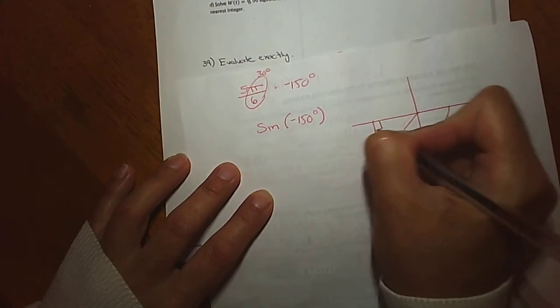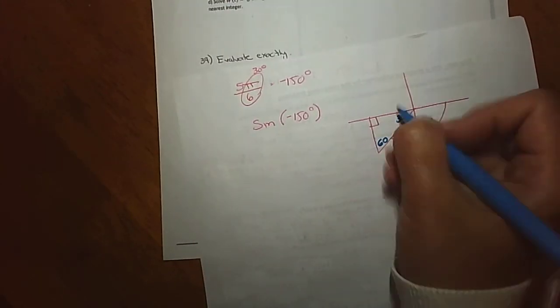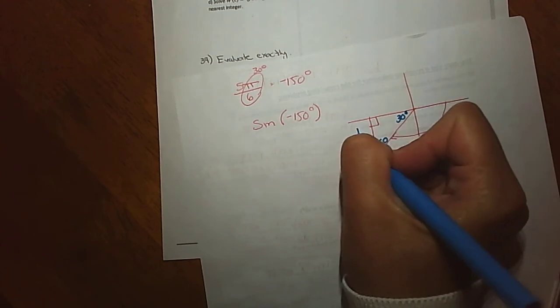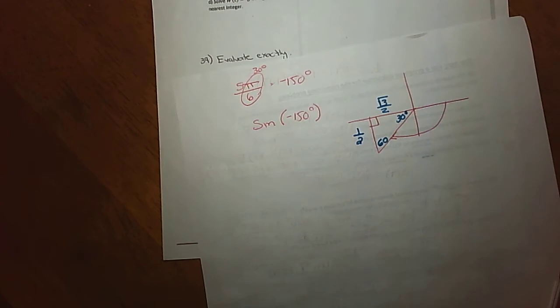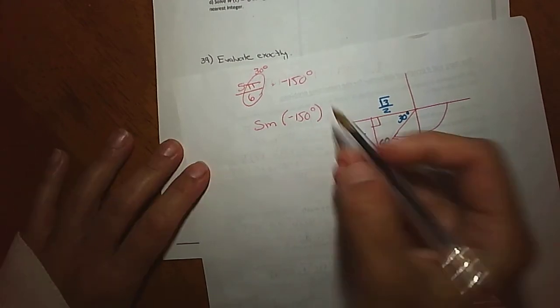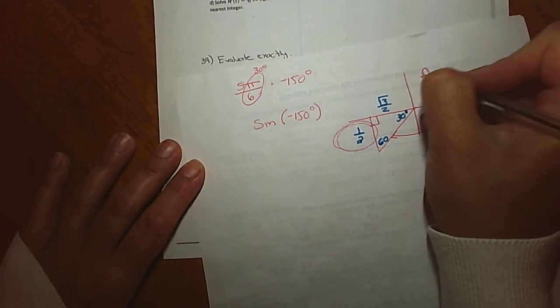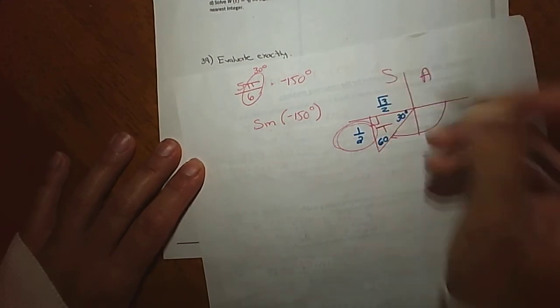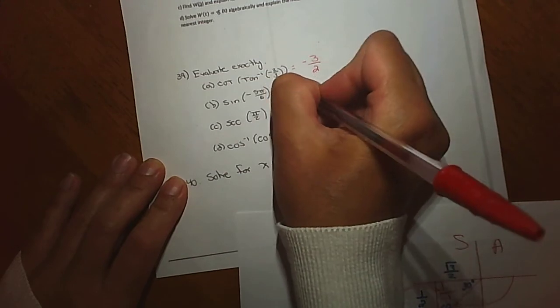Draw my triangle. This is 150, that means this is 30. This would be 60. Side across from 30 is a half. Side across from 60 is radical 3 over 2. Okay, sine is always the vertical one, and ASTC, we're in the T quadrant. So that means this answer has to be negative 1/2.